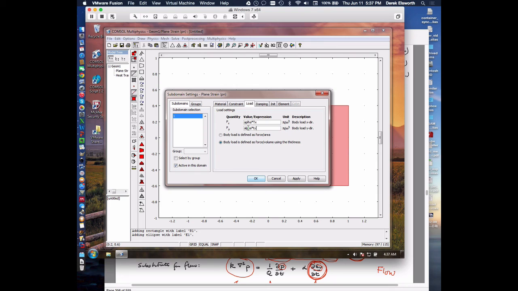Alpha times Ty. And so those will be the terms that go in there. Maybe a minus attached to it, I guess, depending on the sign convention, but that's essentially what it would be. We're not going to get this working, I don't think. So that's fine.